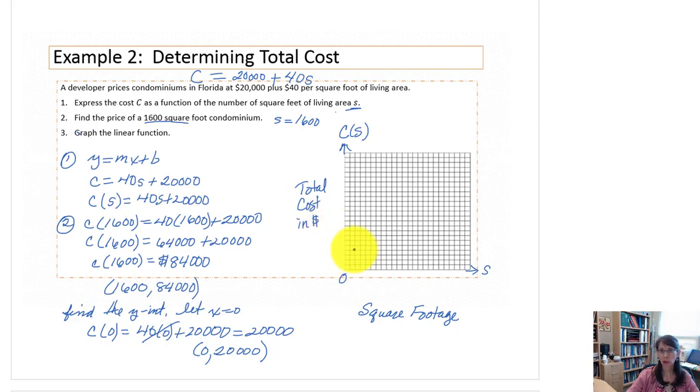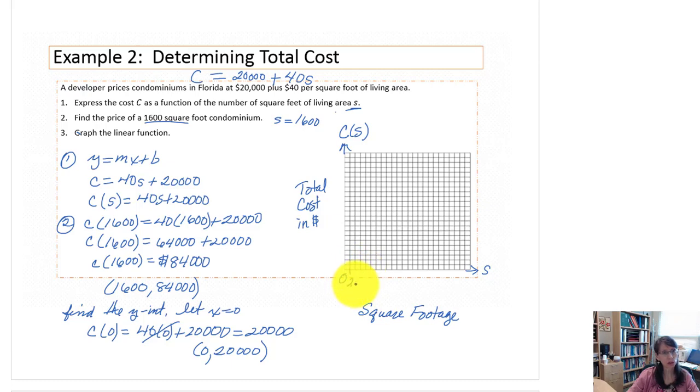So what we need to be sure of is that we're using a scale that will accommodate these numbers. X values are 0 and 1600. So along the square footage axis, we need to accommodate a number as large as 1600. So if we count by 200s, that should fit.